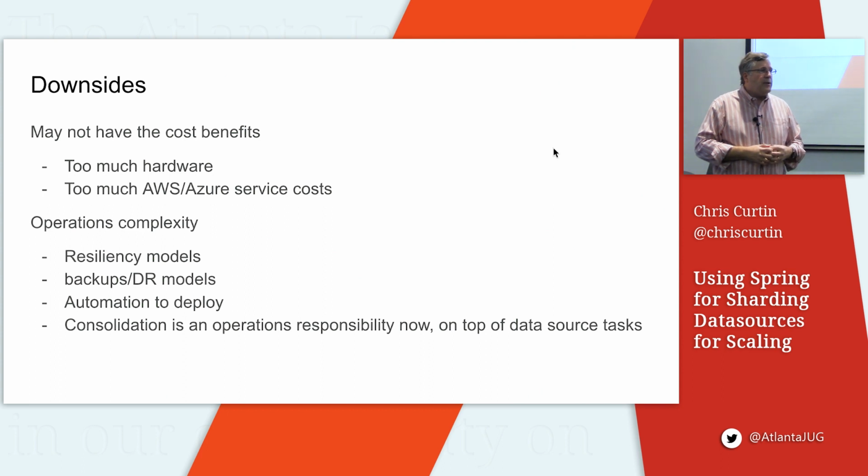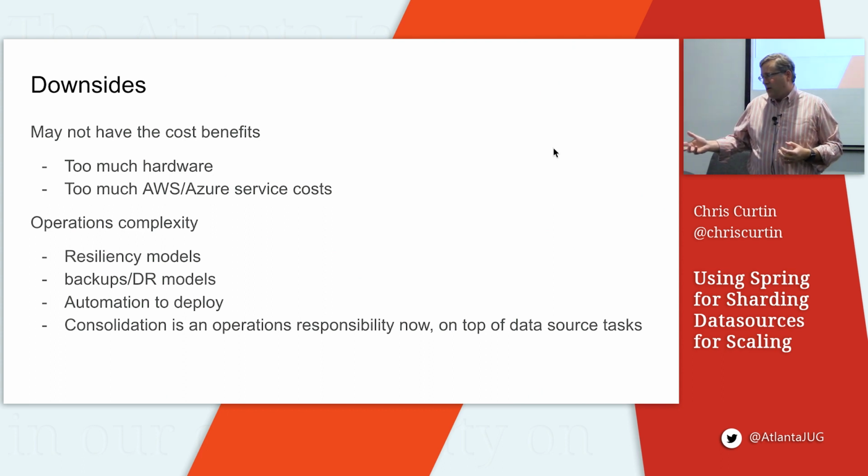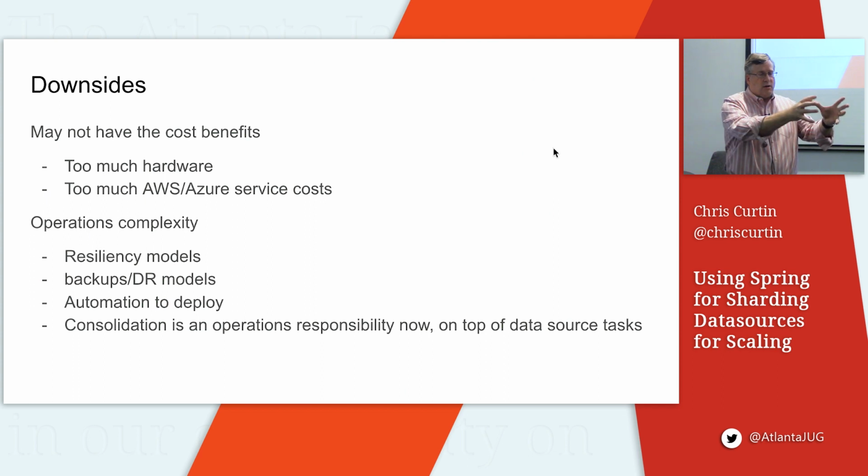Also, now instead of being able to scale down one application's database that isn't using so many resources because, I don't know, it's been 10 years since you deployed and your client base is now spread across all those shards, I now have to have operations involved to say, okay, I'm going to take this shard, I'm going to merge it with this shard, I now need to stop routing traffic to that, I now need to update the Spring Cloud Config, I need to do all of these things that in the past you just said, okay, online rebuild that Oracle table or that MySQL table, and things were happy.